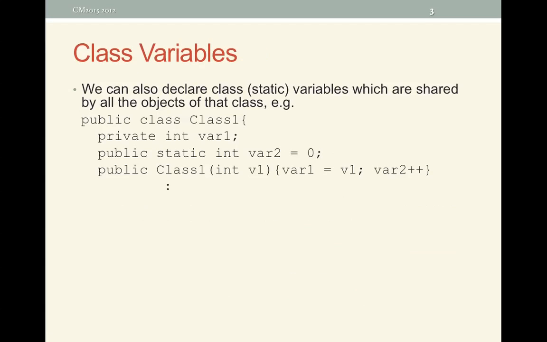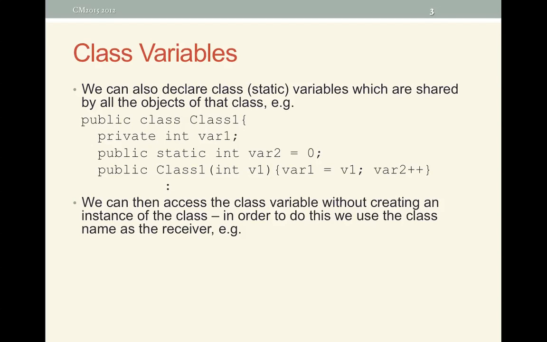How do class variables differ? Well, we can also declare variables with the keyword static. If we do that, then that variable becomes shared by all objects in that class. So for example, var2 here has been set to the value 0, and I've used var2 in the constructor, but I'll come back to that in a moment.